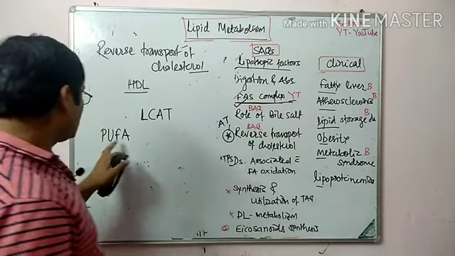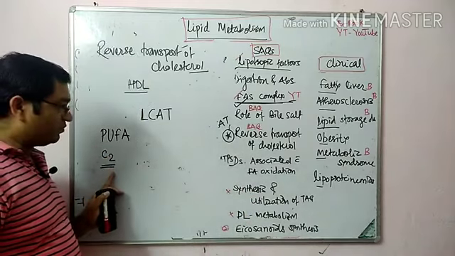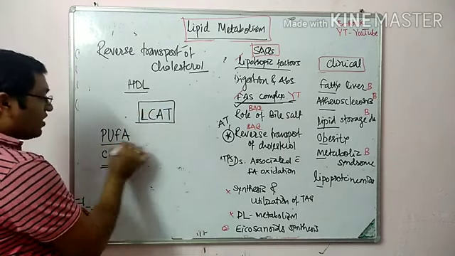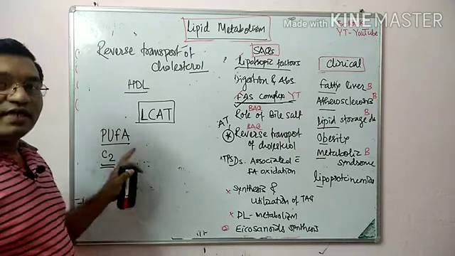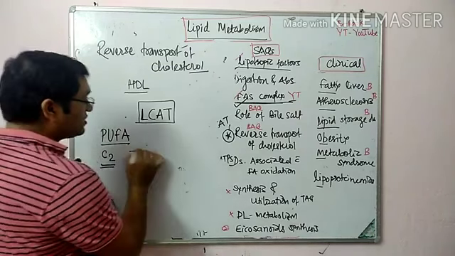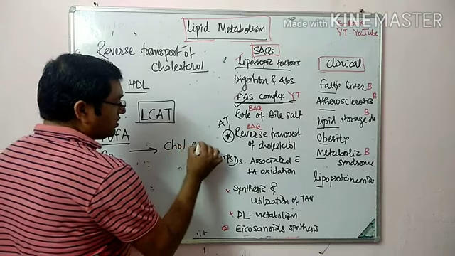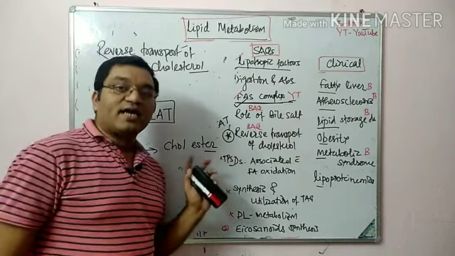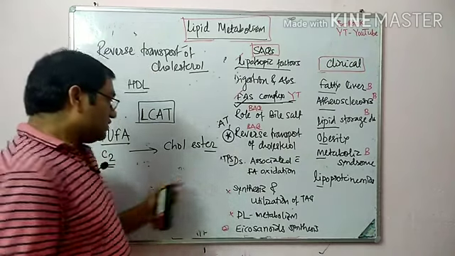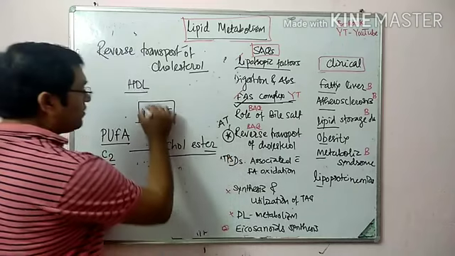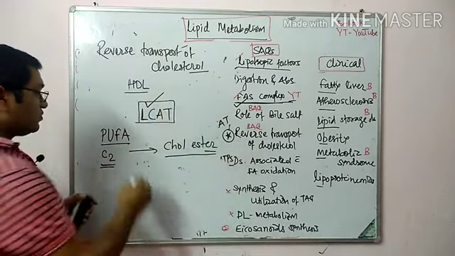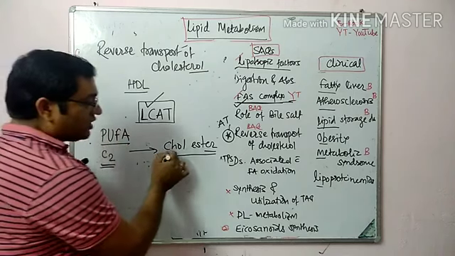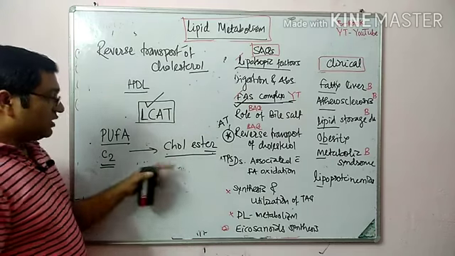This lecithin cholesterol acyl transferase removes this PUFA at the C2 position, and it gets attached to the cholesterol to form cholesterol ester. What is the role of LCAT? It transfers this fatty acid from lecithin to the cholesterol, leading to the formation of cholesterol ester in the HDL.